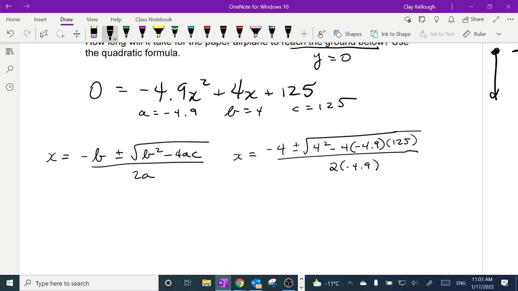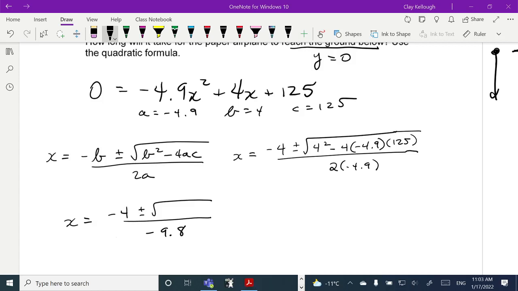We want to be able to round only when we get to the last step. So if you're going to do this calculation in chunks, I would recommend maybe just doing the square root as a chunk, so get that number. And then, of course, well, I already told you that 4.9 is half of 9.8, so I guess I'm not spoiling anything by doing that. So let's get what's under the square root.